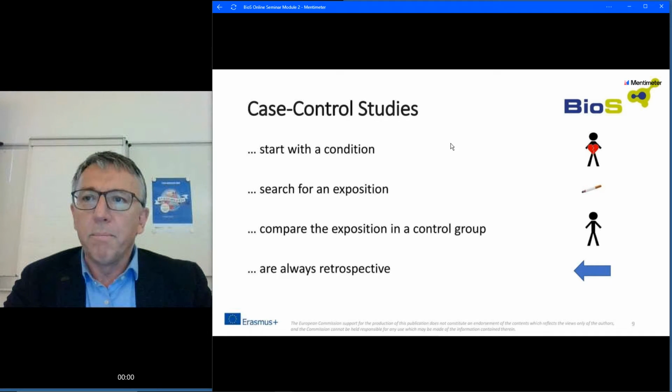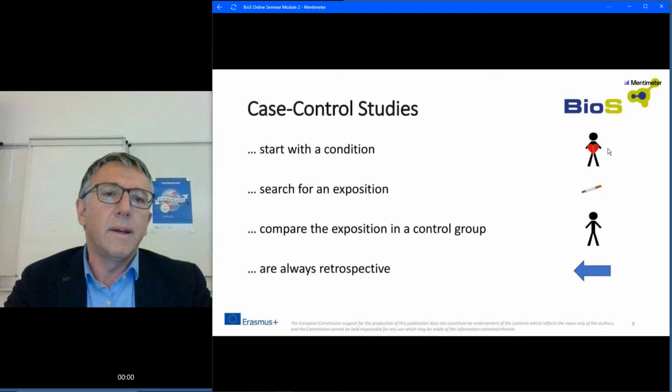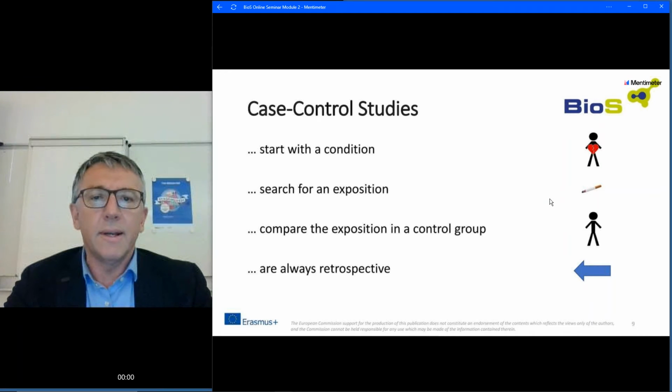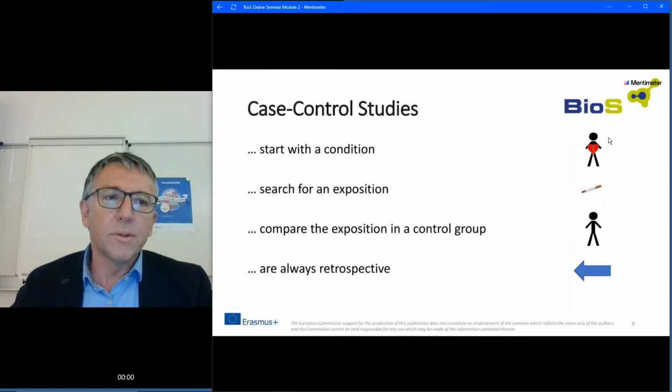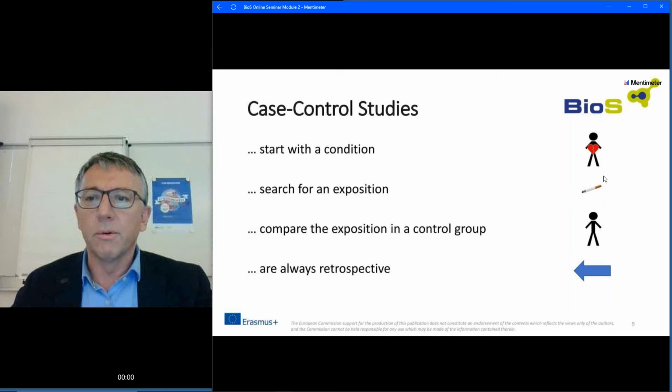So you start with people that have had a heart attack, and you search for something that could have caused it. You look backwards in time and ask those individuals if they were, for example, exposed to cigarette smoking. So you start by identifying the group of cases and look for their exposure.